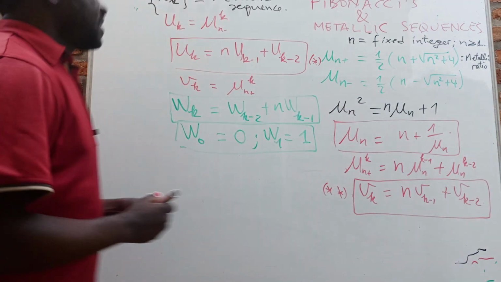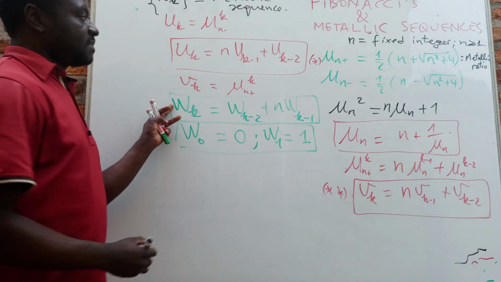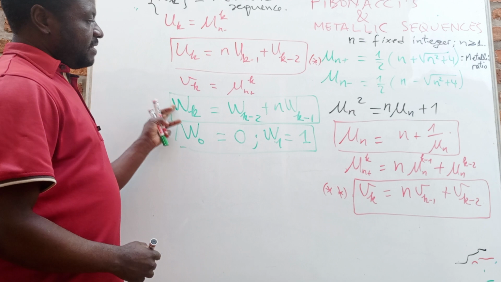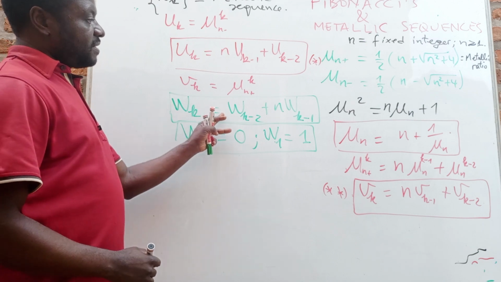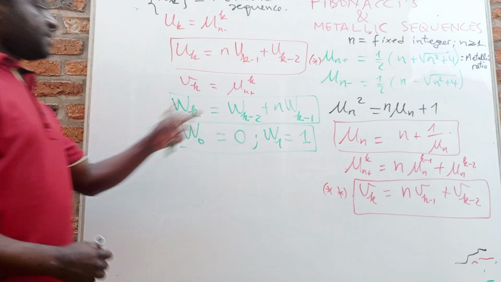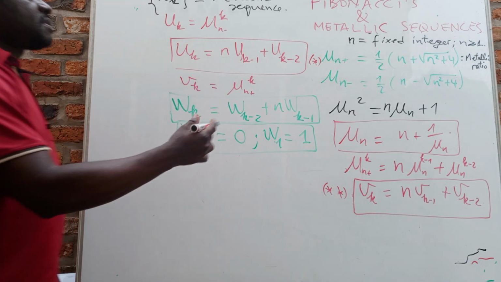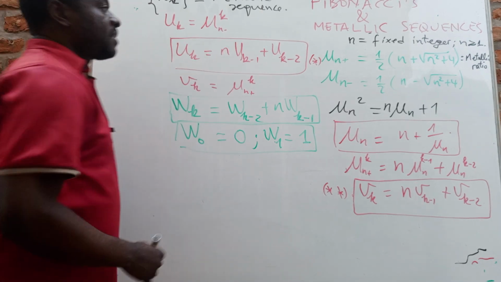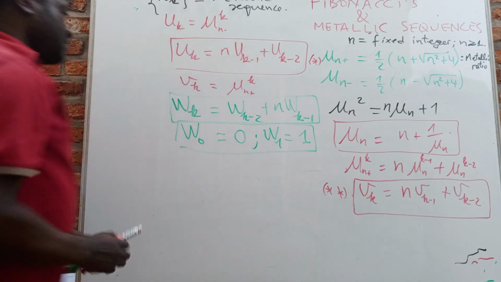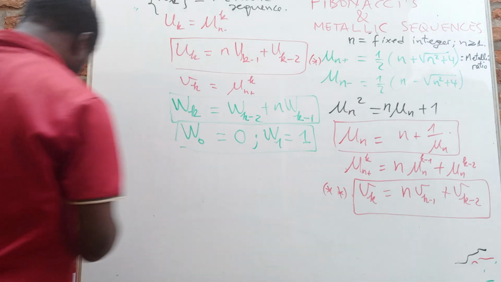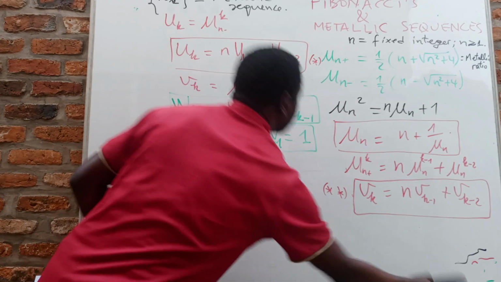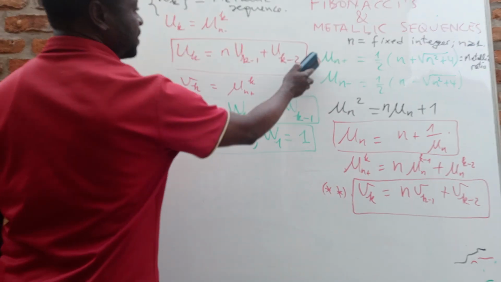So in this case, together with this recursive relation, or recurrence relation, we can define a few terms of this metallic sequence. Given the condition here, I can just remove this one.